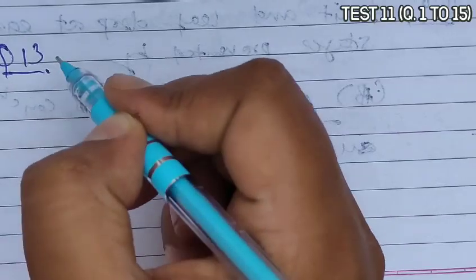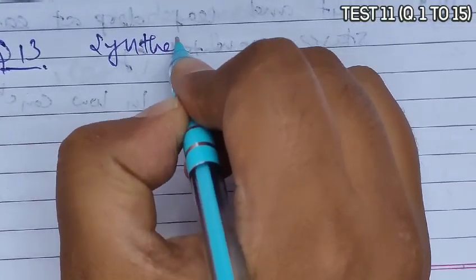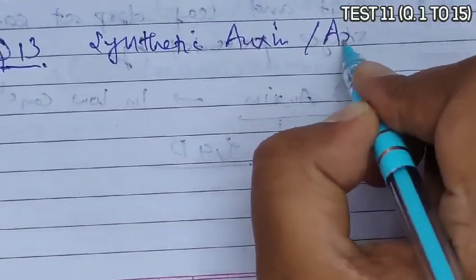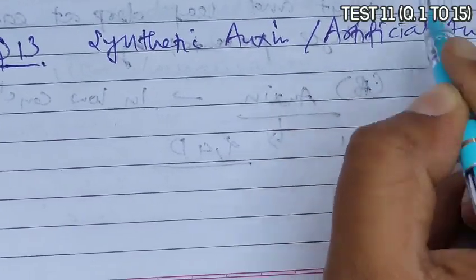Next is question 13. Question 13 asks that one of the synthetic auxins. Now synthetic auxin means artificial auxin which is getting synthesized artificially.